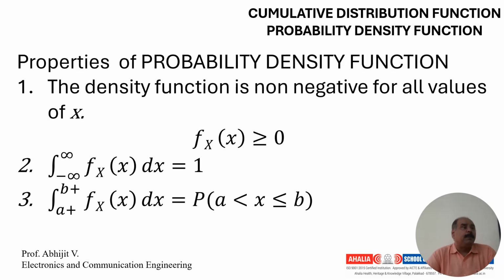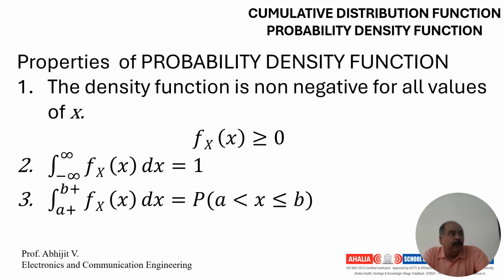So like the properties of CDF, we have to write the properties of PDF also. So PDF is non-negative, that means it can have 0 or all numbers greater than 0.